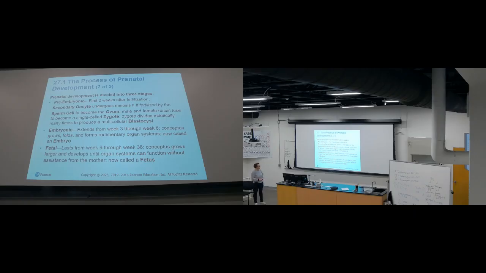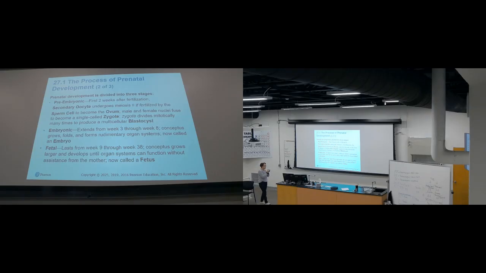So that's differentiation. And then one step of differentiation that happens a week after fertilization is called a blastocyst. The blastocyst is a hollow ball that has fluid inside, and it also has a cluster of cells that are called the inner cell mass.